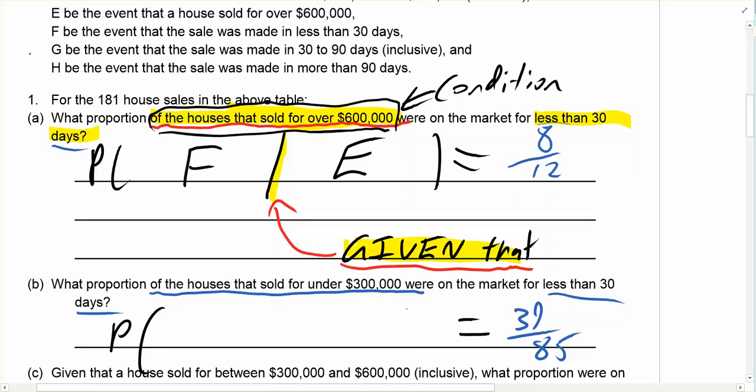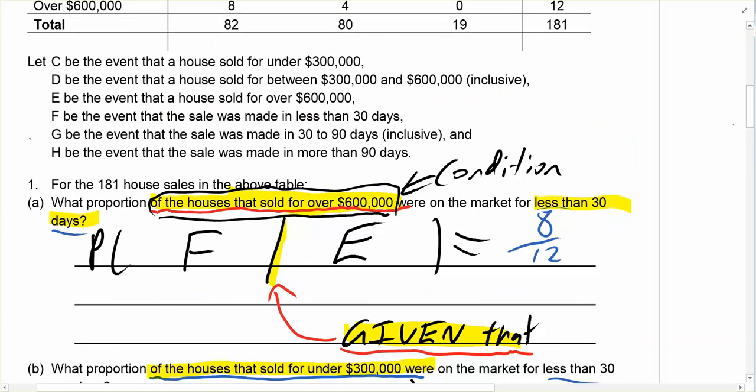So P brackets. P stands for probability. The probability given that a house sold for under $300,000. So of the houses that sold for under 300,000, and there were 85 of them. Under 300,000, what are we going to call that for short?